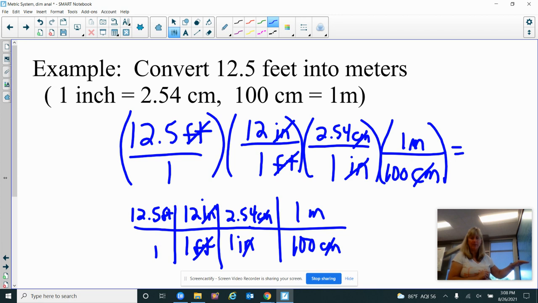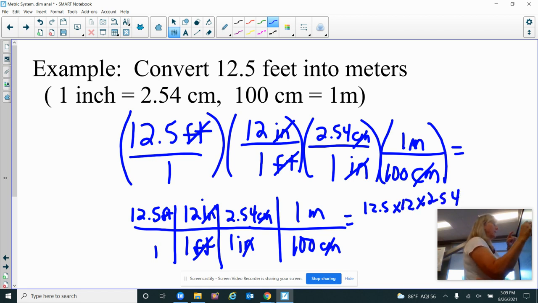Any number on bottom, I divide by. So in my calculator, I'm going to see I have 12.5 on top. So it's 12.5 times 12 times 2.54. Those are all on top. They're all times each other. And then on the bottom, I have 100. So I'm going to divide by 100.